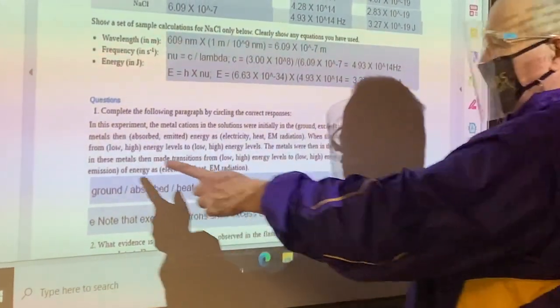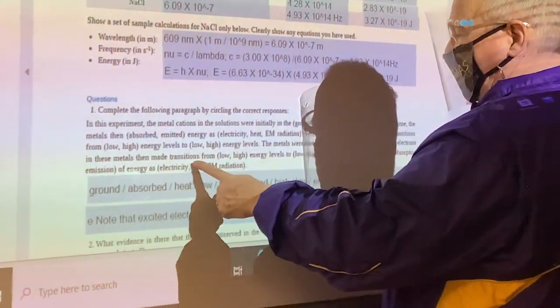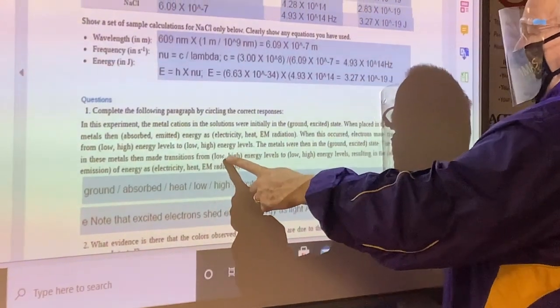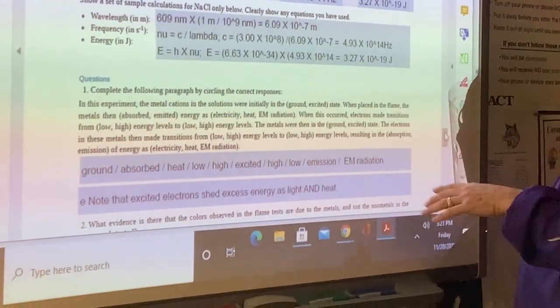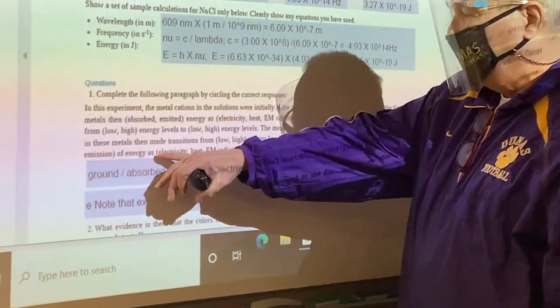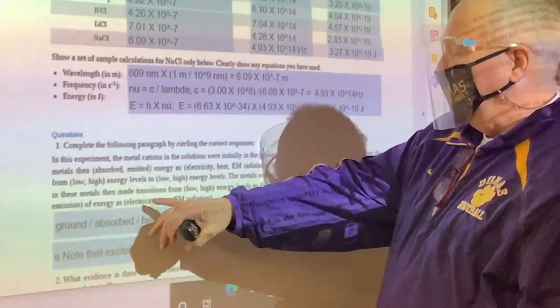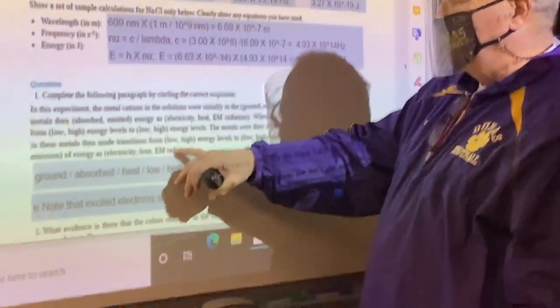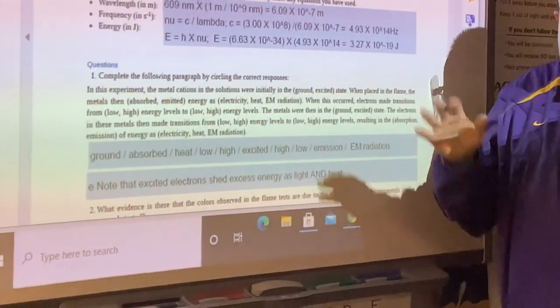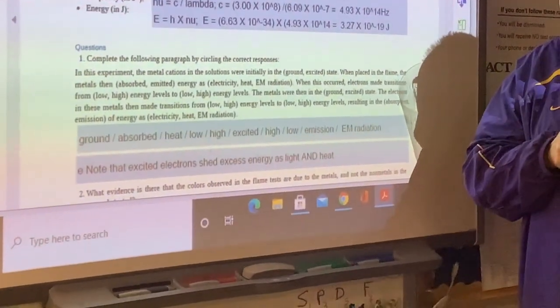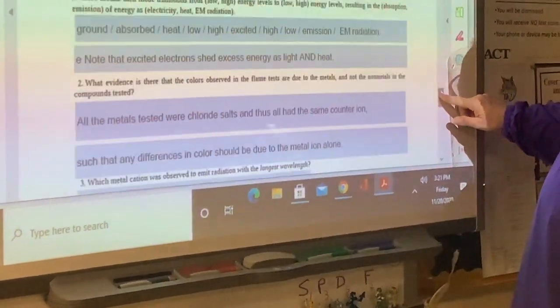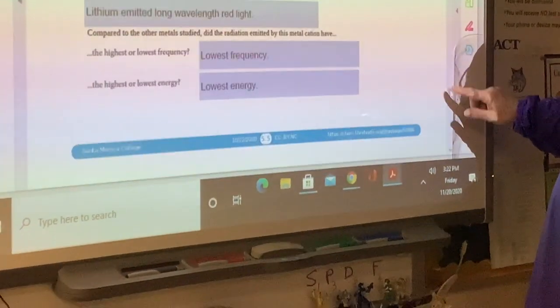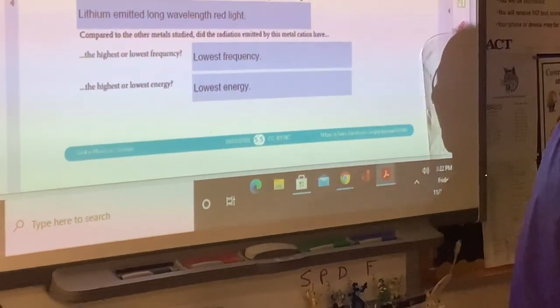And the electrons in these metals then made transitions from high energy levels to low energy levels, resulting in the emission of energy as, and they give us some choices, obviously EM radiation or light, but they also shed some of it as heat. So once again, I know a little bit more than the authors do, and they should be a little more precise. So I said and heat with a big capital and.